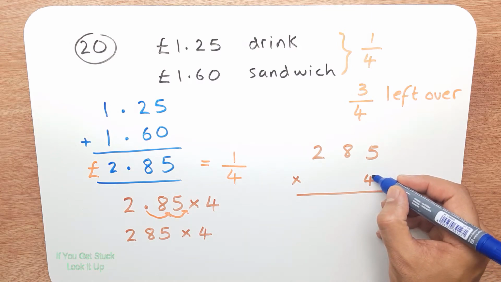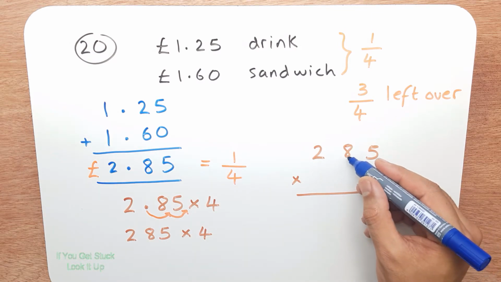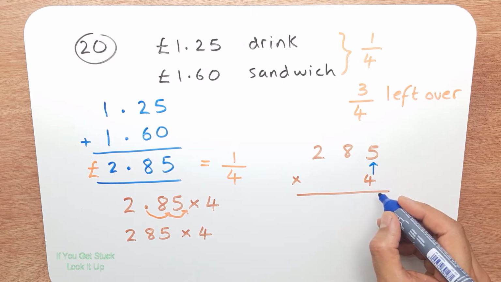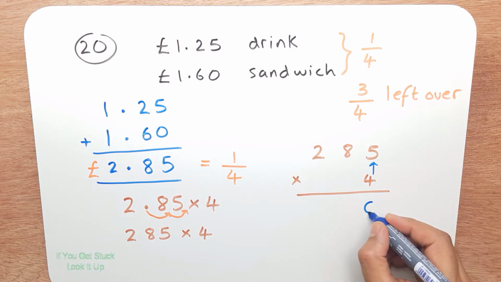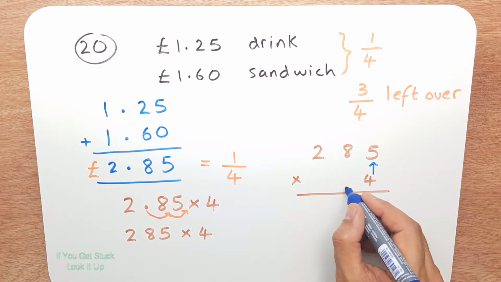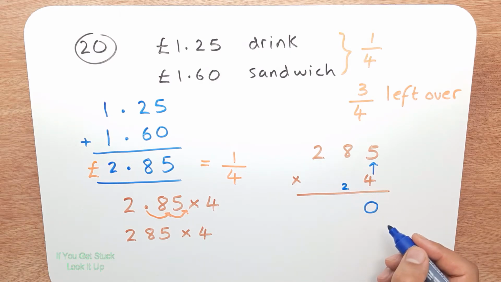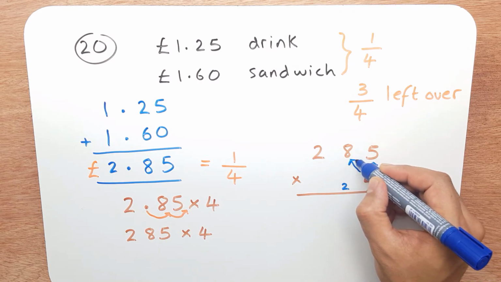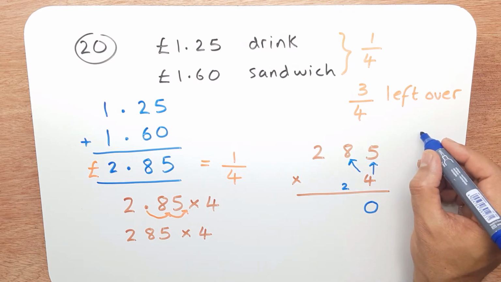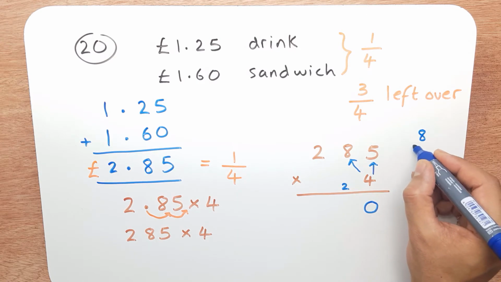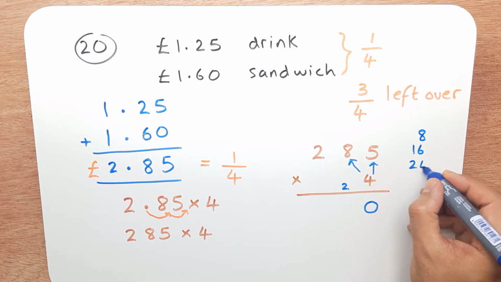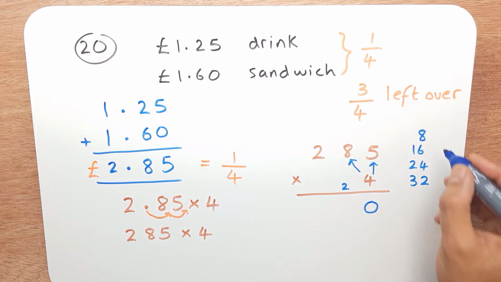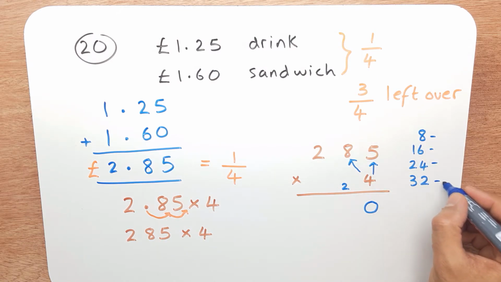So I'm going to multiply the 4 by every digit on the top. So it'll be 4 times 5, which is 20. I put the 0 down and I carry the 2 over. Now I'm going to do 4 times 8. So let me have a look. 8, 16, 24, 32. So that's 1, 2, 3, 4 groups of 8.